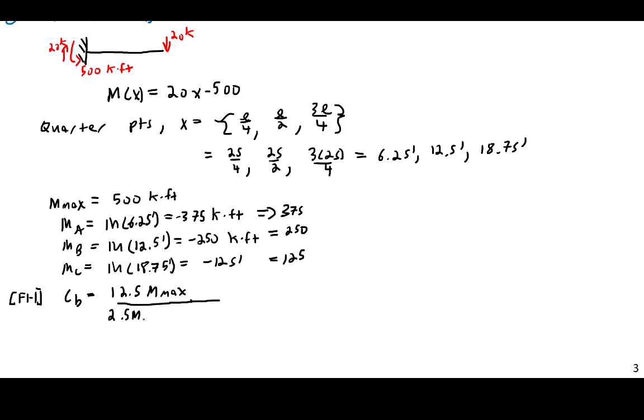CB equals 12.5 M max over 2.5 M max plus 3 MA plus 4 MB plus 3 MC.